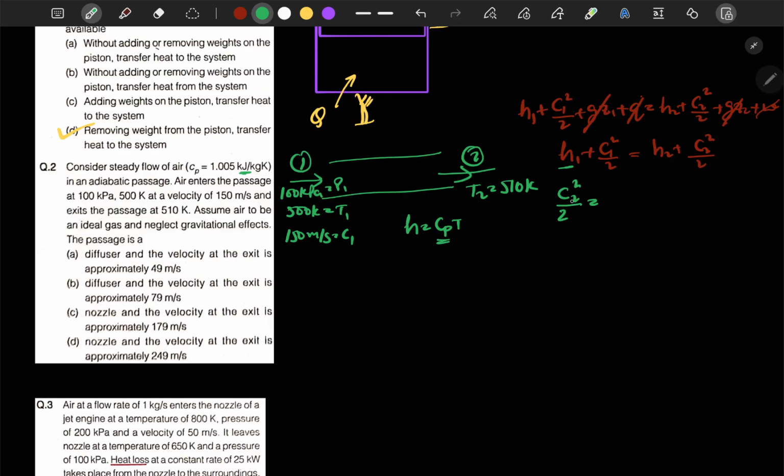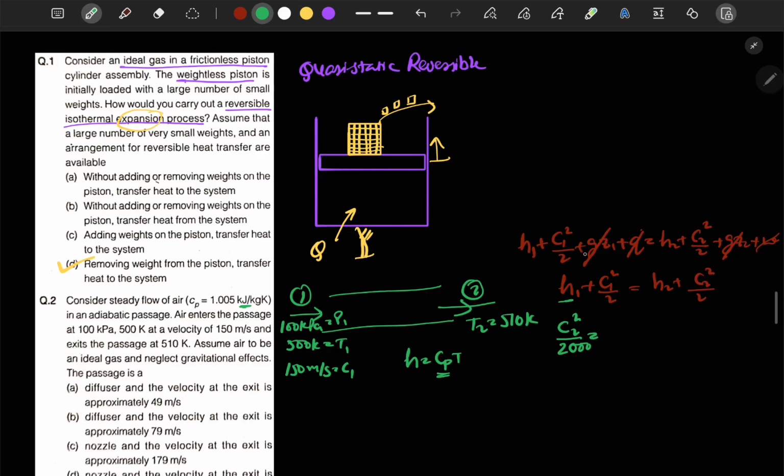But C square by 2 will be in joule per kg, so we will divide it by 1000. So C2 square by 2000.